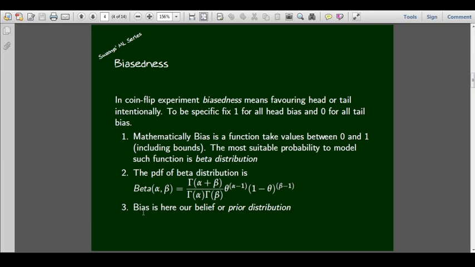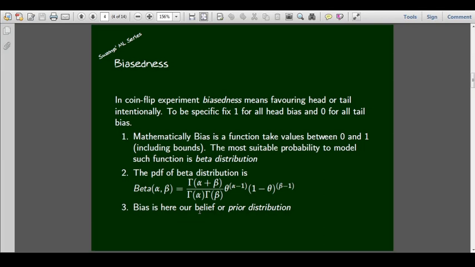Okay, then bias is here our belief or prior distribution, because in coin toss experiment actually what is happening is tossing the coin. On tossing the coin, I got either head or tail, nothing else. Then we know the prior information. There may be the possibility for intentional favorability to head or tail. It is considered as biasedness.